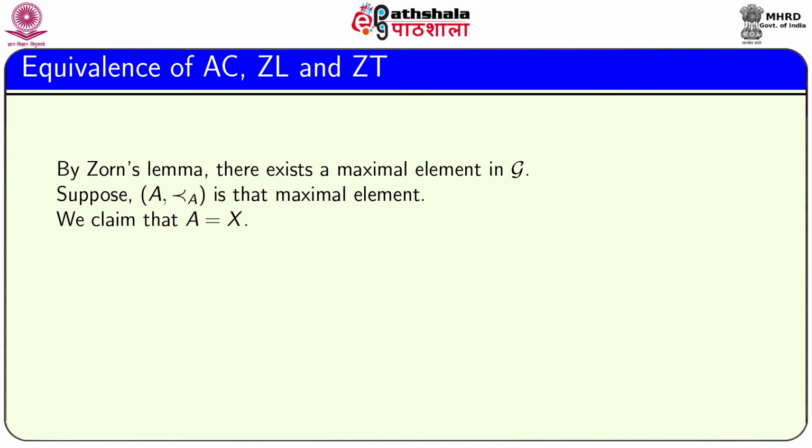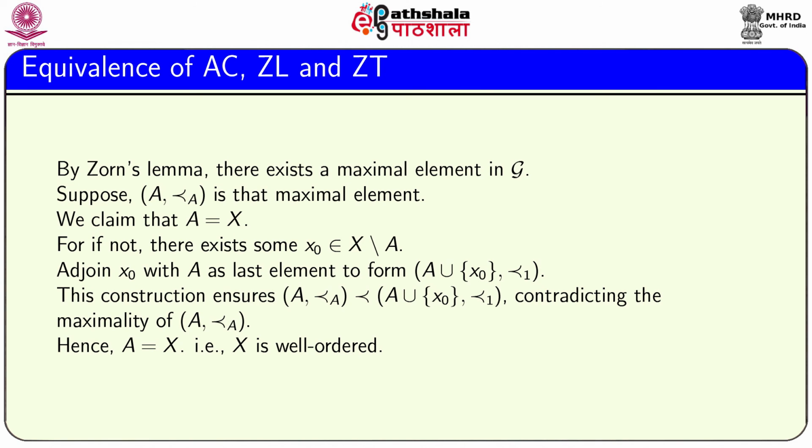By Zorn's lemma, there exists a maximal element in script G. Suppose A with its ordering is that maximal element. We claim that A is equal to the set capital X. For if not, there exists some x 0 belonging to X minus A. Adjoin x 0 with A as last element to form the set A union singleton x 0 and the ordering less 1.